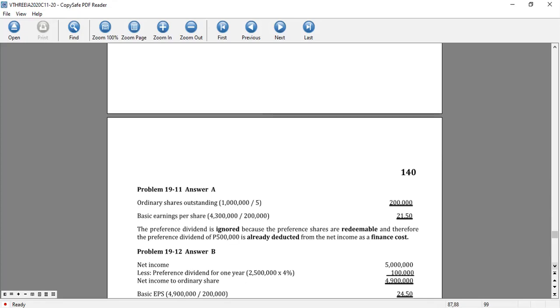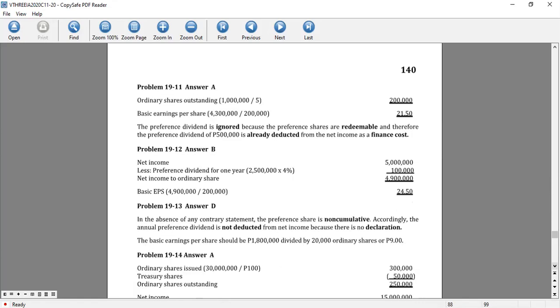The preference dividends are ignored because the preference shares are redeemable and therefore the preference dividend of 500,000 is already deducted from the net income as a finance cost. We are given the preference dividend of 500,000 on redeemable preference shares. So in other words, this amount was already deducted from the net income before the amount of net income was given.